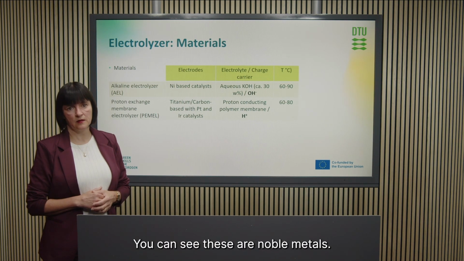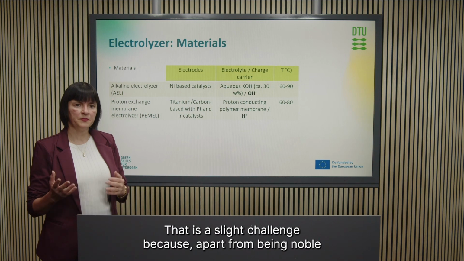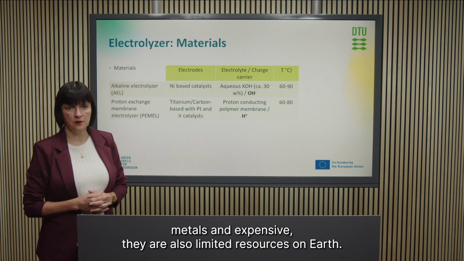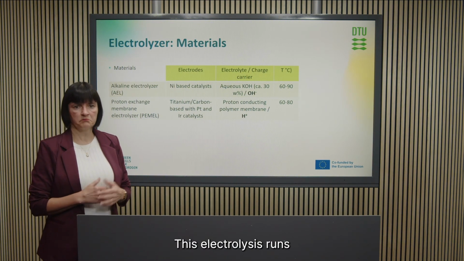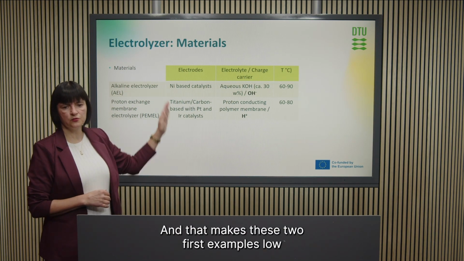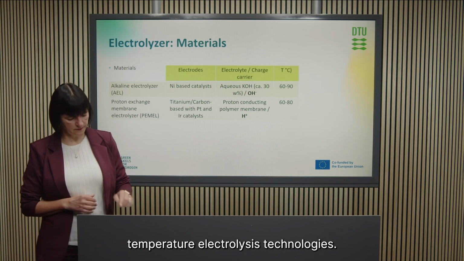You can see these are noble metals. That is a slight challenge because apart from being noble metals and expensive, there are also limited resources on Earth. This electrolysis runs between 60 and 80 degrees centigrade typically, and that makes these two first examples low-temperature electrolysis technologies.